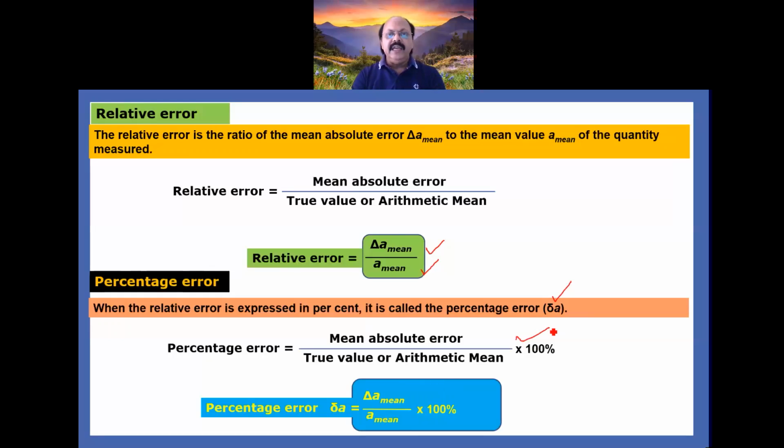Finally, you can write the percentage error of A, the physical quantity whose percentage error you are going to find, equals delta A mean, the mean absolute error, divided by A mean, the true value or arithmetic mean, multiplied by 100. Then you will get the error in percentage.